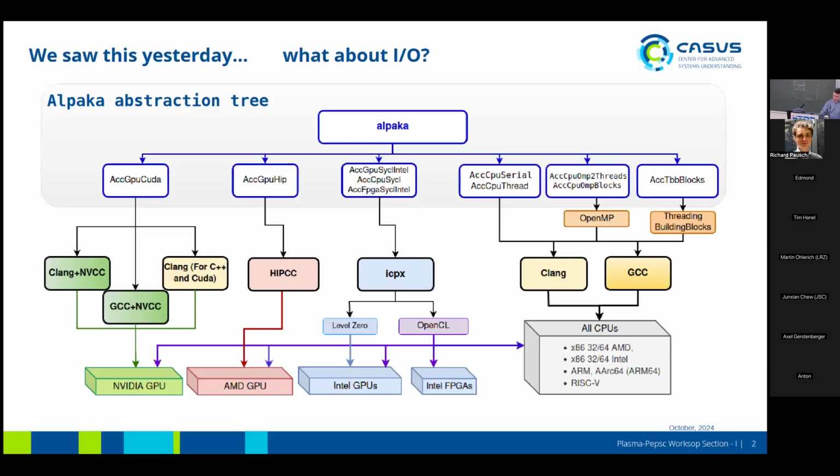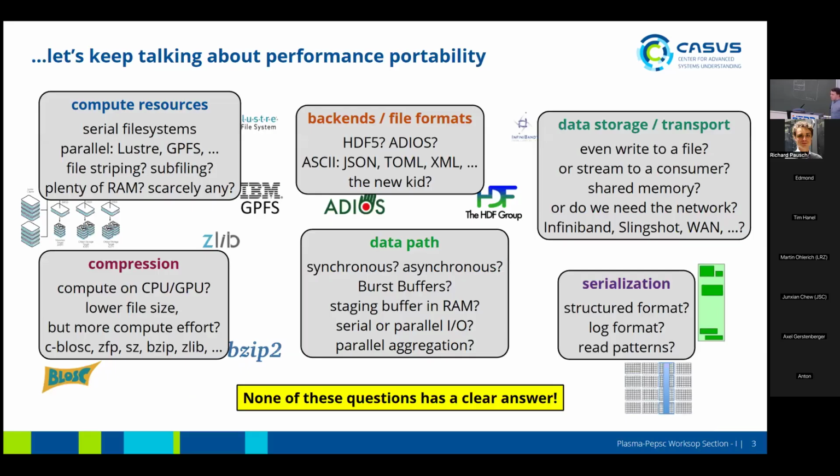But yeah, let's look a bit back at what we saw so far in the last 2 days or 1.5 days of the workshop. Well, we have this situation, we have lots of possible backends. We don't want to write new code for all of them. Is there maybe a similar challenge in I/O? Maybe there is, because you might want to write files on the laptops that you have in front of you.